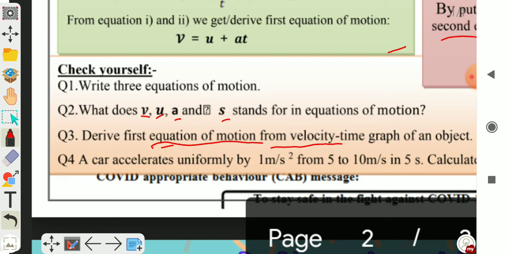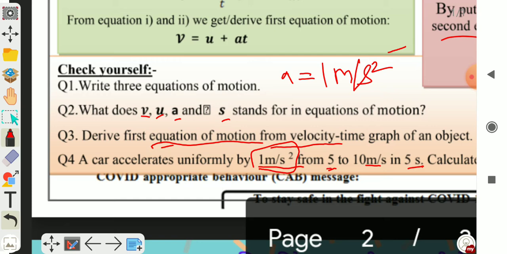A car accelerates uniformly by 1 meter per second square from 5 to 10 meter per second in 5 seconds. A is given to you, 1 meter per second square.